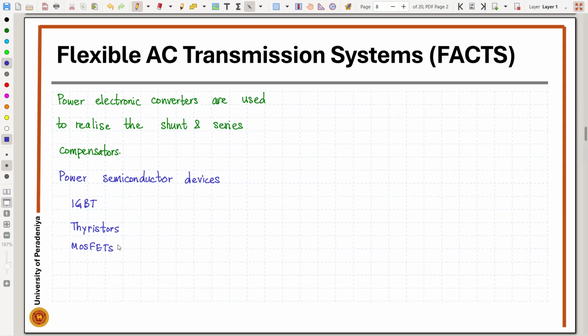What else? Thyristors, thank you, I have noted thyristors earlier. Power diodes, diodes. Any other possible devices? Okay, thank you for the response. So these are the commonly used.